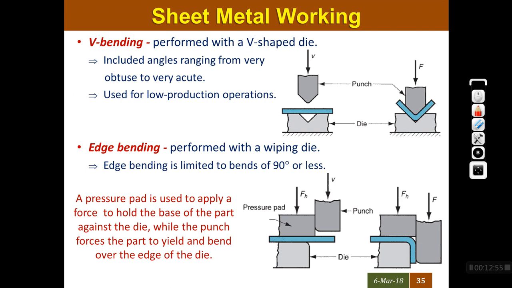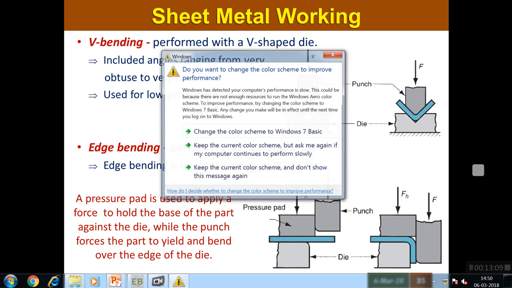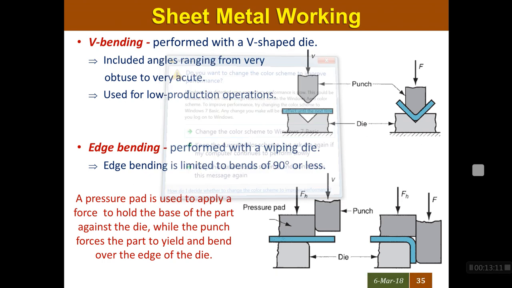Bending is again sub-classified as V bending and edge bending. As the name suggests, when the punch and die have a V shape, it is called V bending. Edge bending is when the metal sheets are bent along the edge, which may be called straight bending.